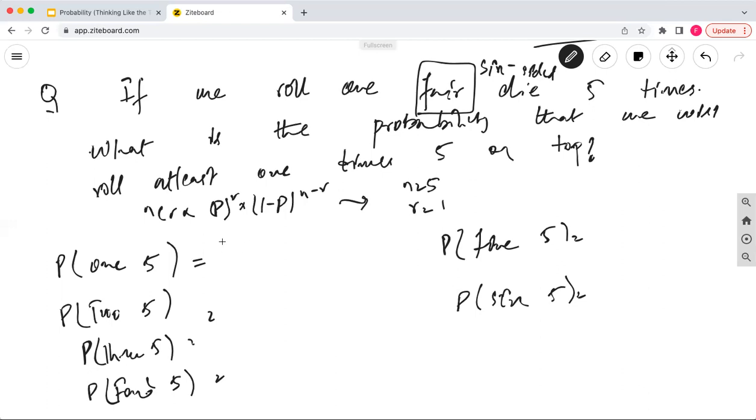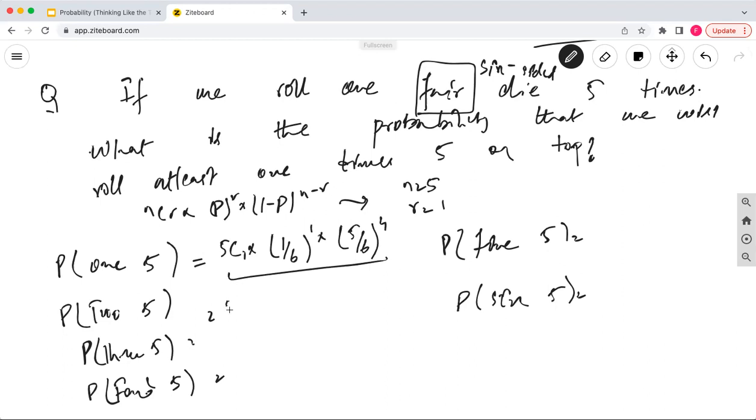So 5C1 into 1/6, the probability of success for getting 5 on top, into 5/6, which I got by subtracting 1/6 from 1. This will give the probability of getting 1 time 5.